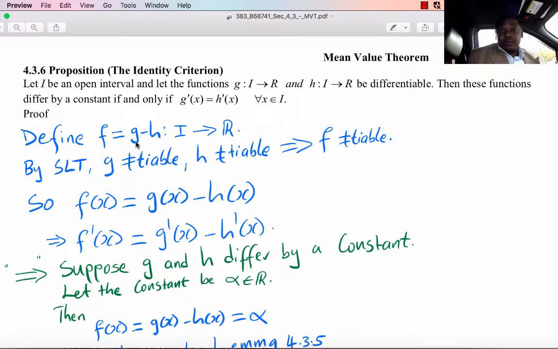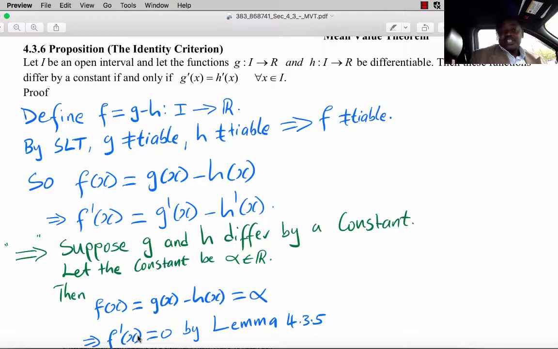The domains for both g and h are I. So f is a function from I to R. Since g and h are differentiable, f must be differentiable. F of x is g of x minus h of x. So the first derivative, by the sum limit theorem and the property of derivatives, the derivative of the sum equals the sum of the derivatives. F prime at x equals g prime at x minus h prime at x.